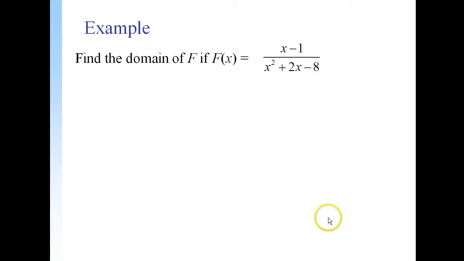All right, now they're winding this up here a little bit in terms of defining the domain of something. And here we're looking for what values x could have as a domain representative.